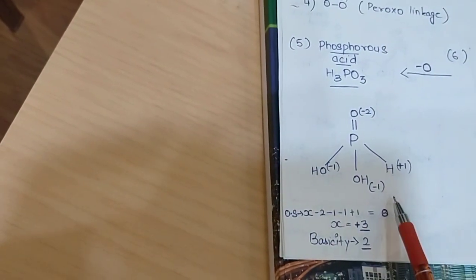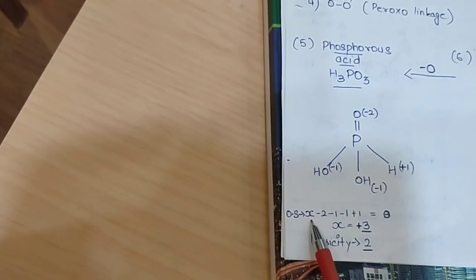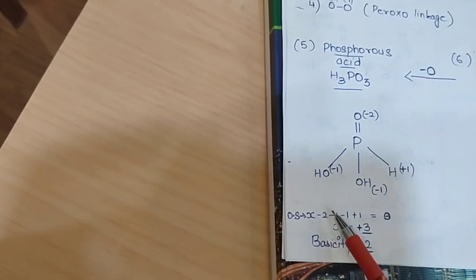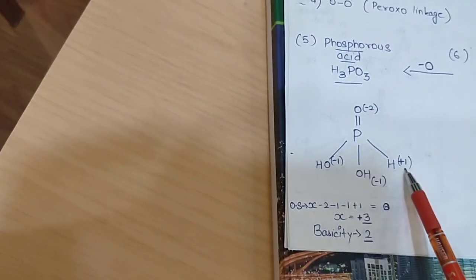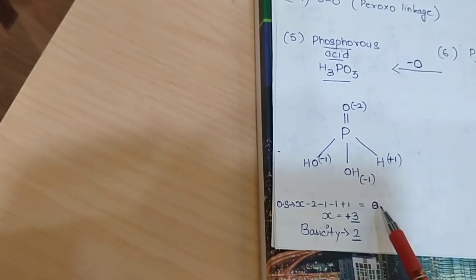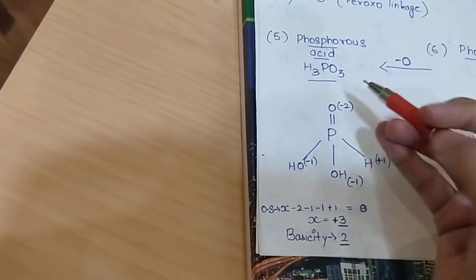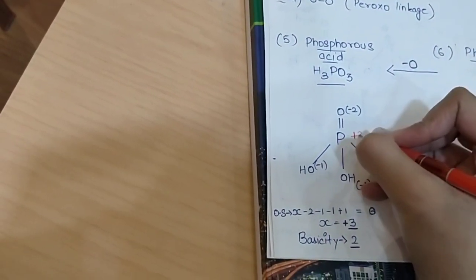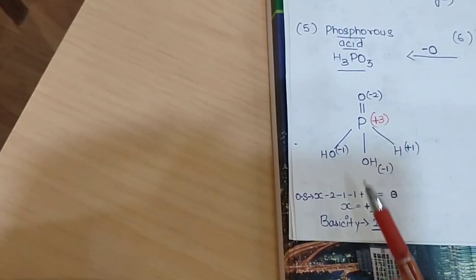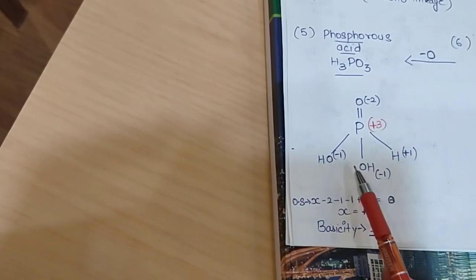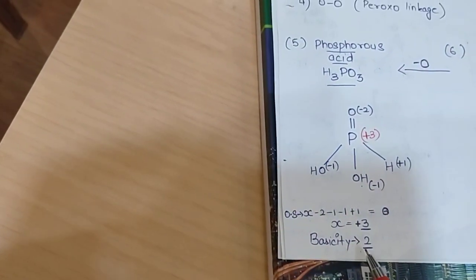As the overall molecule is neutral, we consider the oxidation state of phosphorus to be X, -2 for the upper oxygen, -1 for this OH, -1 for this OH, +1 for this, and we'll equate it to 0. From here X comes out to be +3, which is the oxidation state of phosphorus in phosphorus acid. Basicity depends upon the number of ionizable protons, which are equal to the number of OH groups present. So basicity is 2 here.